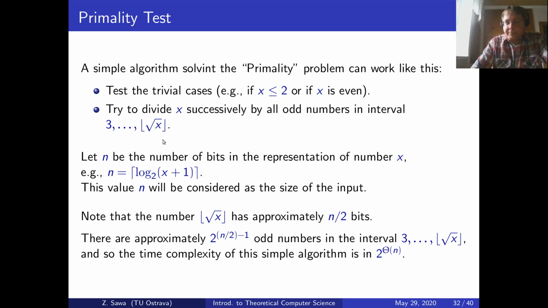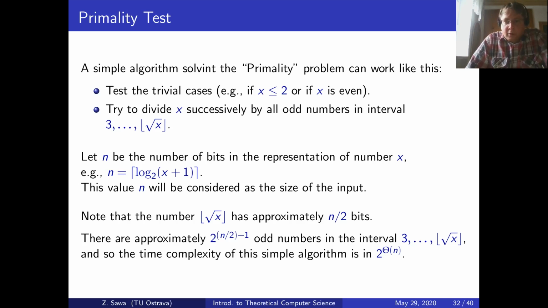For example, if I have some number close to 10,000, the square root of 10,000 is about 100, and we take just the odd numbers, so just half of them. We would have about 50 iterations in this case.